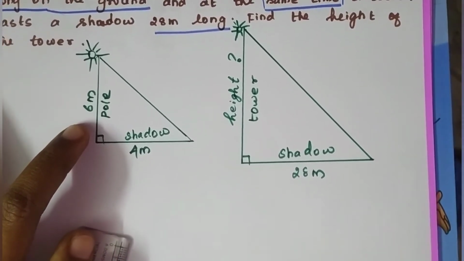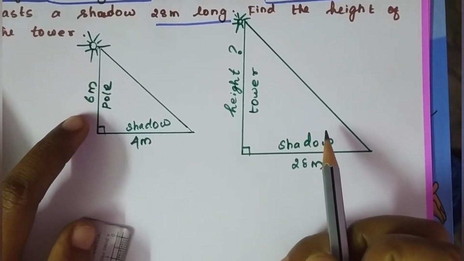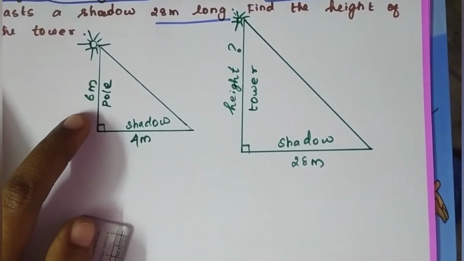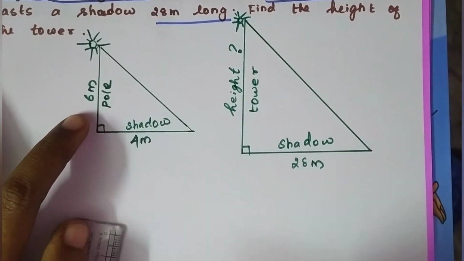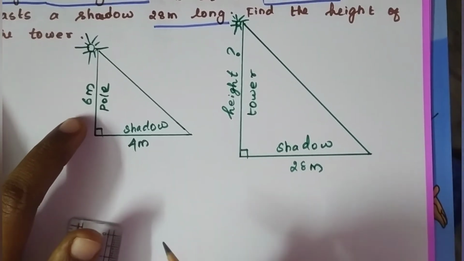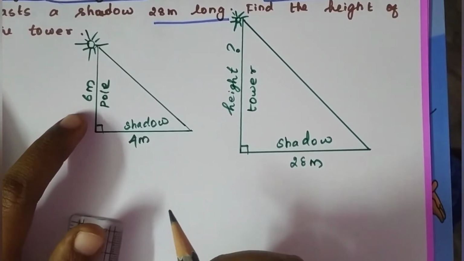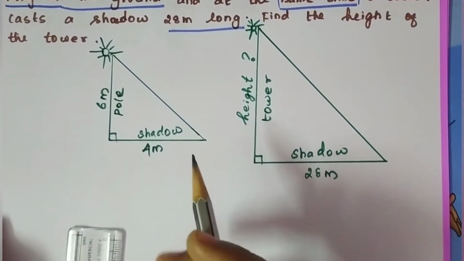If we prove that the two triangles are similar, then we can tell that the sides are in the same proportion. How can we tell that the two triangles are similar?